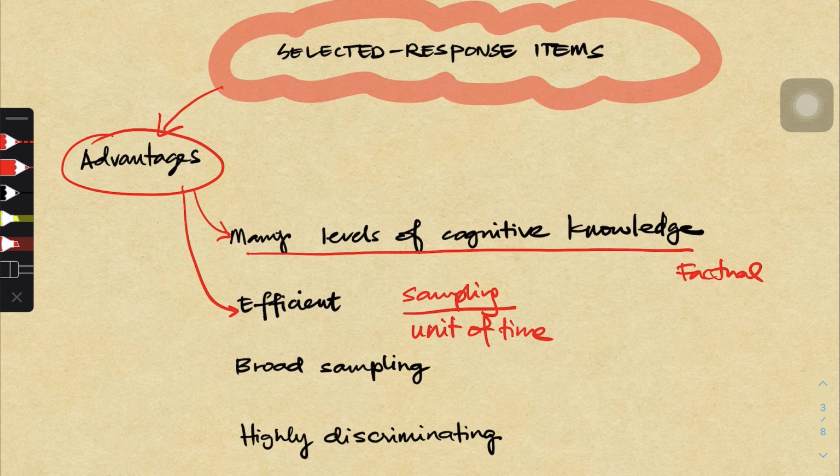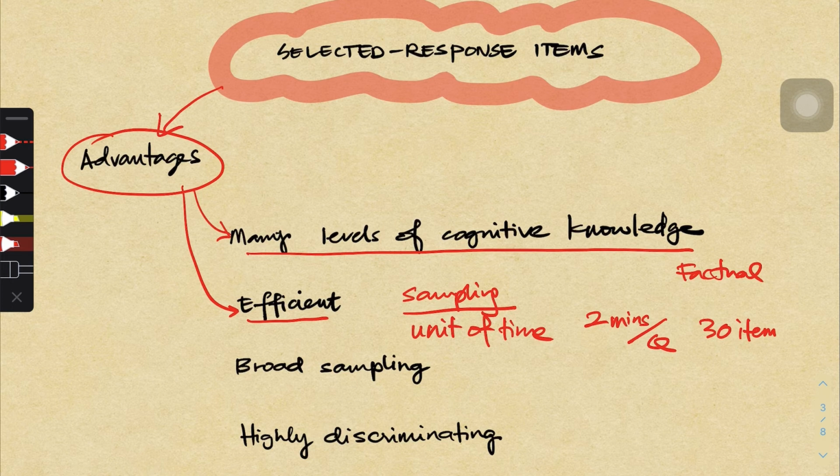And of course, the multiple choice questions are one of the most efficient examination formats available. Usually we allocate about 2 minutes per question. So you can just imagine if you have 1 hour, you can ask 30 items per hour.